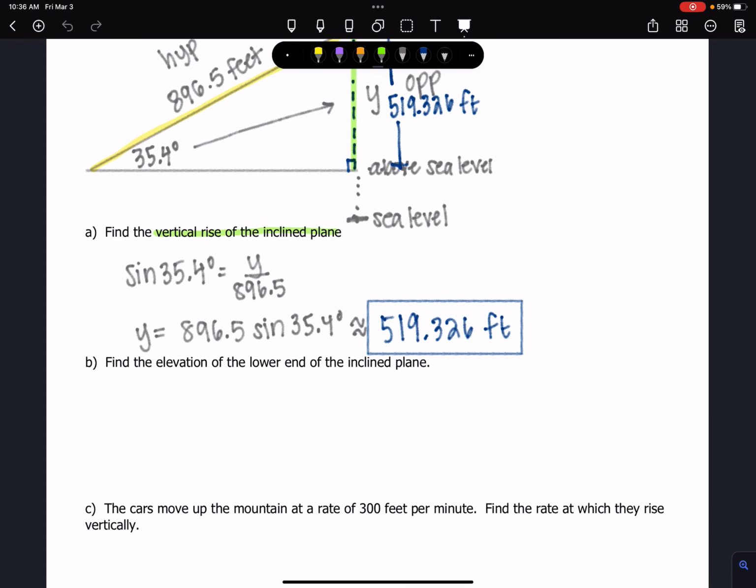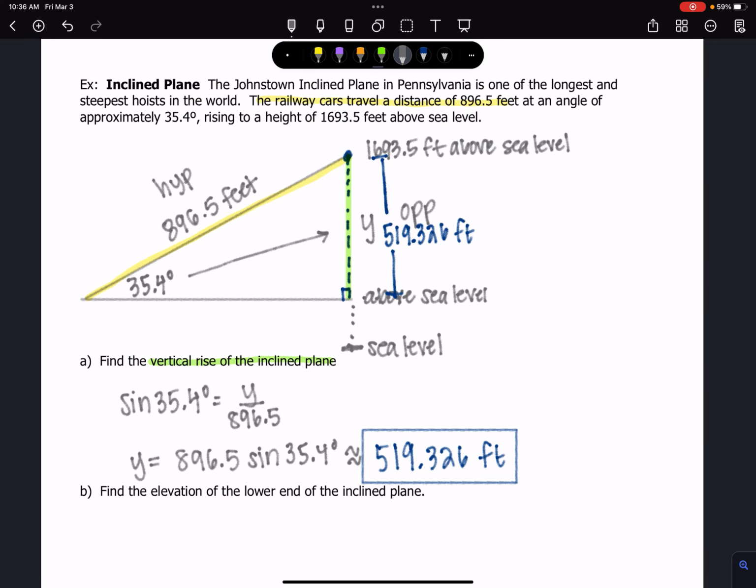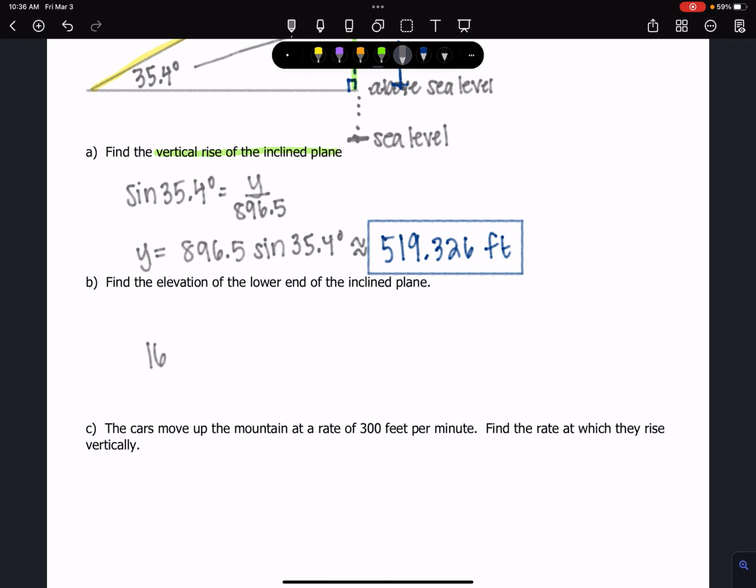So our elevation is going to be 1693.5 minus that value right there. But I'm not going to put 519.326 in my calculator. I'm going to actually store it and then subtract later.